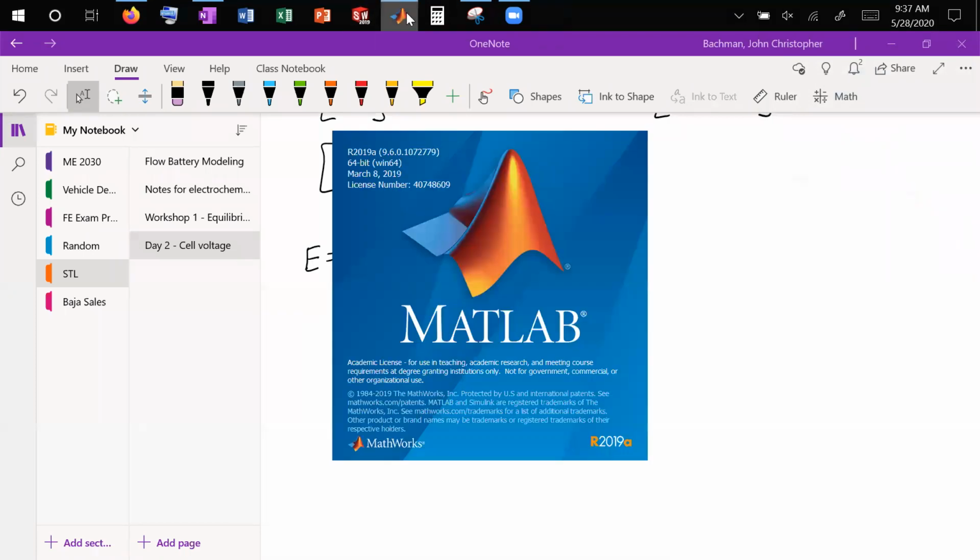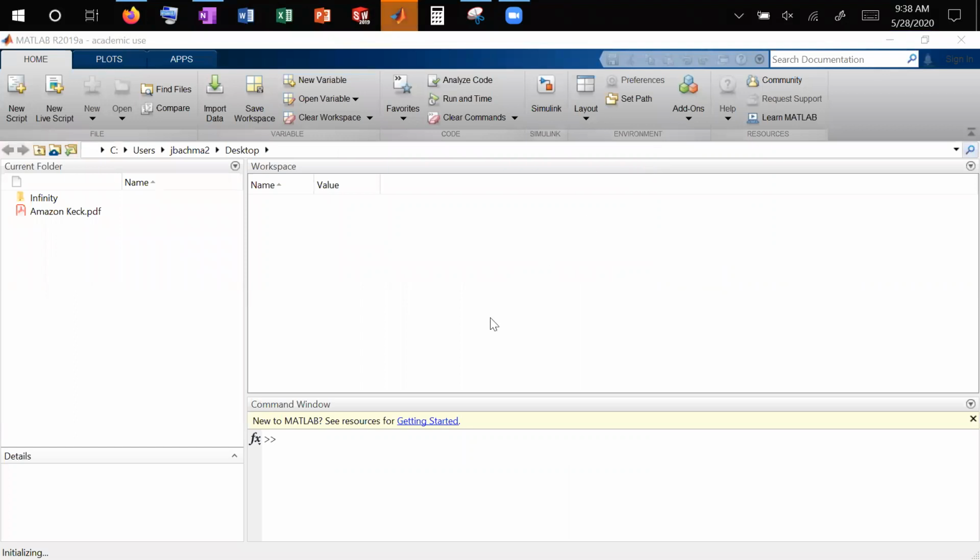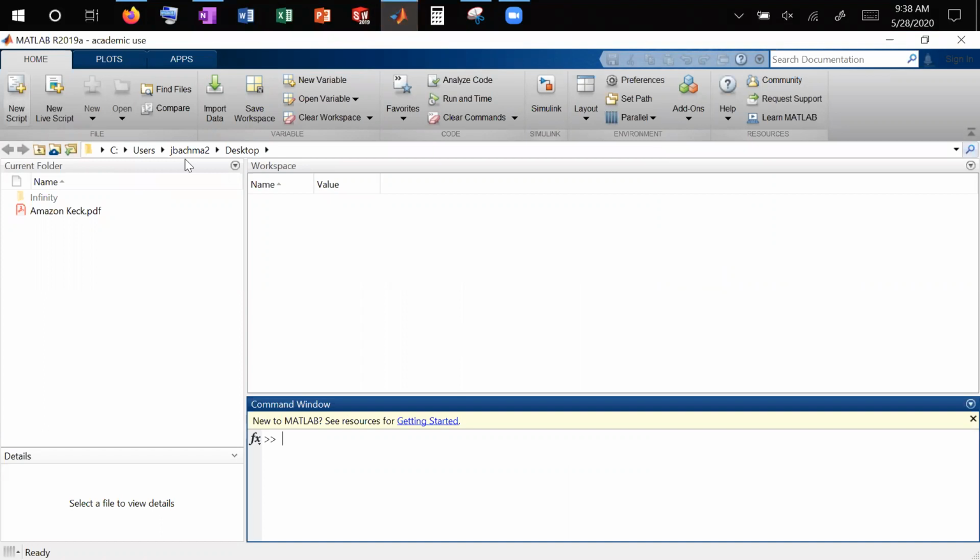You could also do this in Excel. All right, so I'm going to make a new script, right?